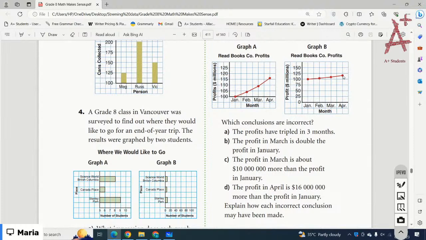Okay, the profit in March is double the profit in January. In January it is 100 million, and in March, just look at this one, it is less than 110 million. So, no, not doubled, right?